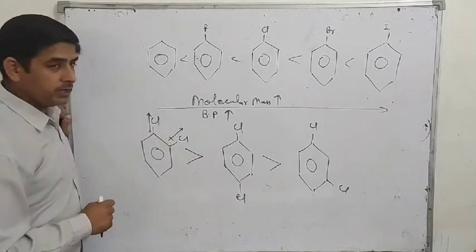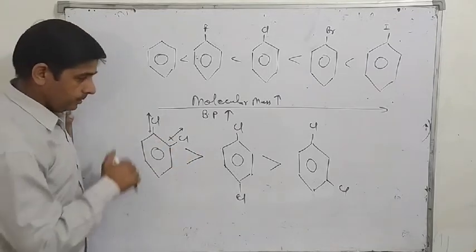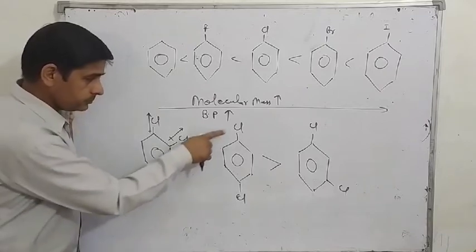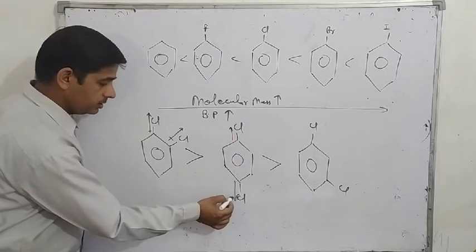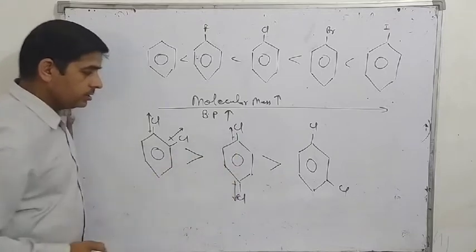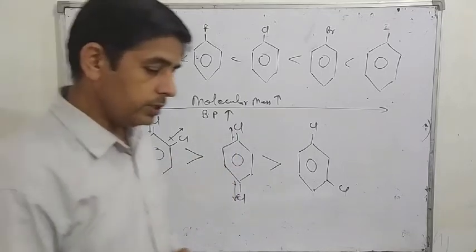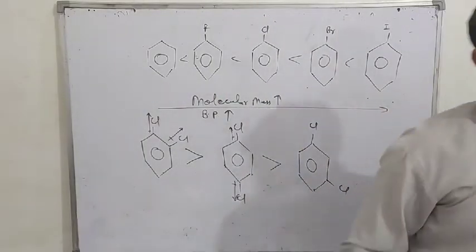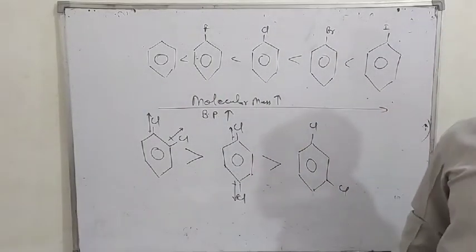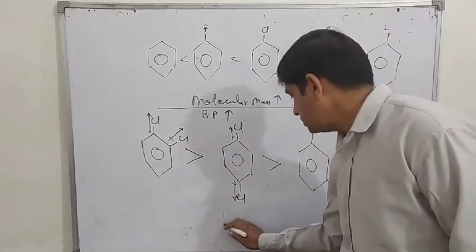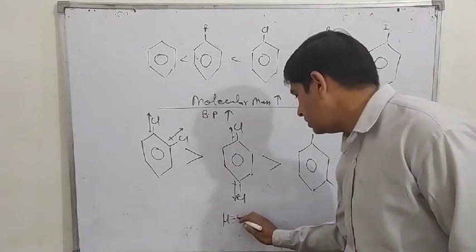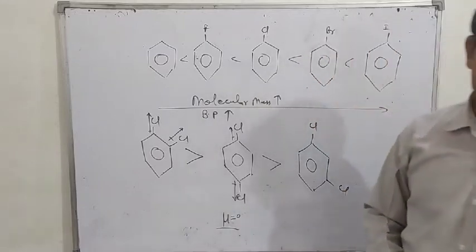But in case of paradichlorobenzene, we can see it has two chlorine, one in this direction and one in this direction. And if their chlorine are in opposite direction, in that case their dipole moment will be cancelled out, and it has zero dipole moment. That means it is non-polar.